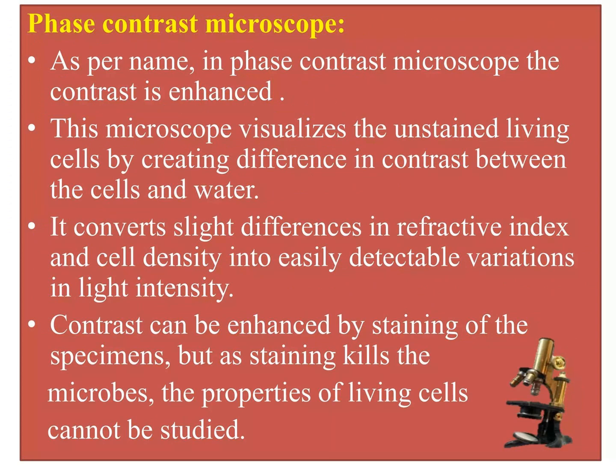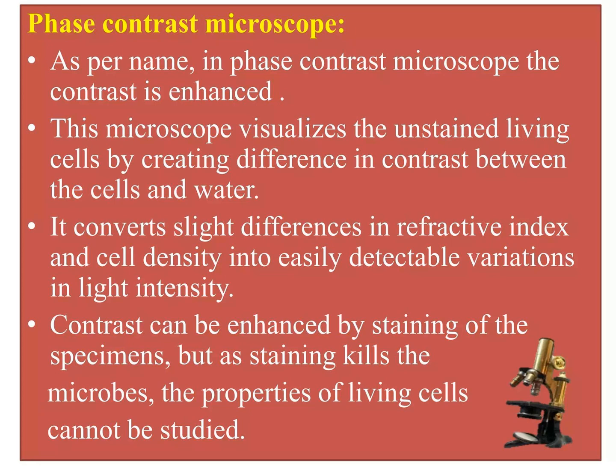The next type of microscope is the phase contrast microscope. As per the name, in the phase contrast microscope, the contrast is enhanced. This microscope visualizes unstained living cells by creating a difference in contrast between the cells and water. It converts slight differences in refractive index and cell density into easily detectable variations in light intensity.